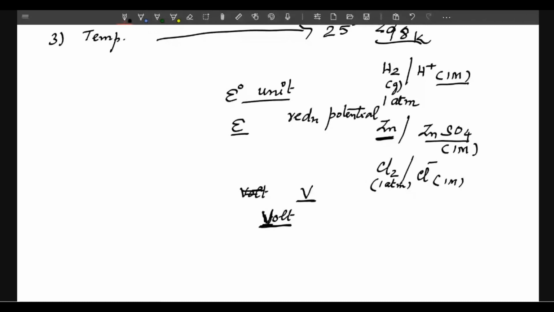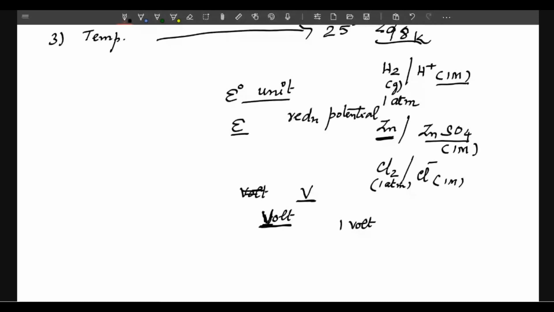If 1 joule of work is done against the electric field to bring 1 coulomb charge from infinity to a point in the electric field, then the potential difference at that point is called 1 volt.